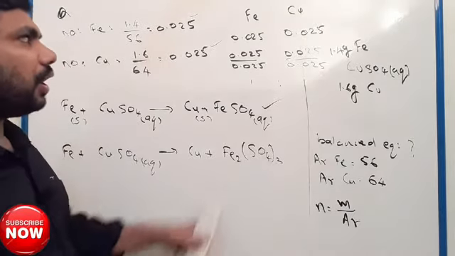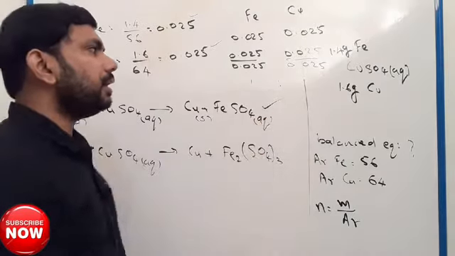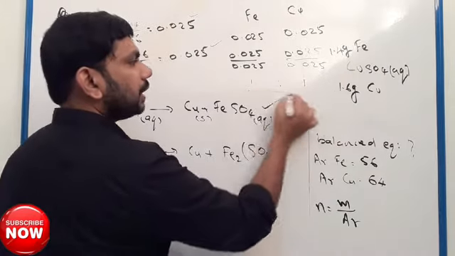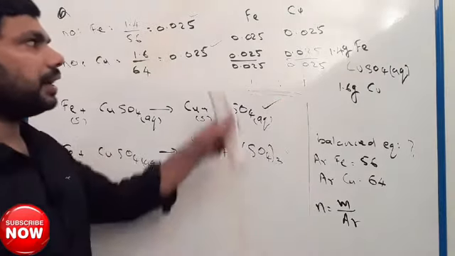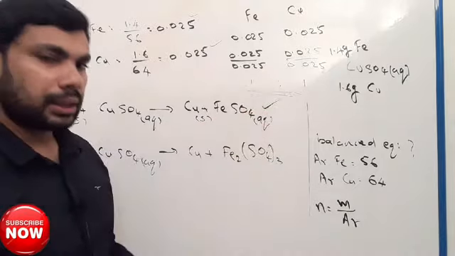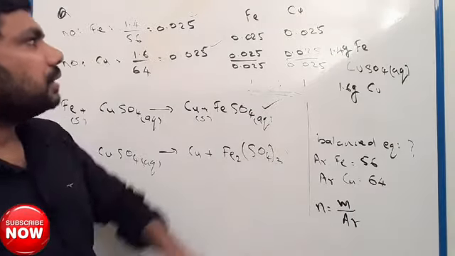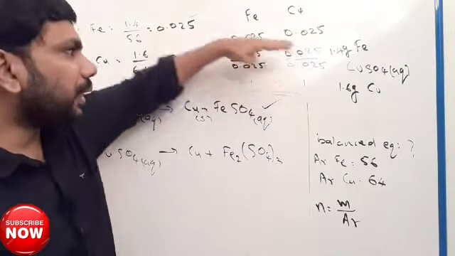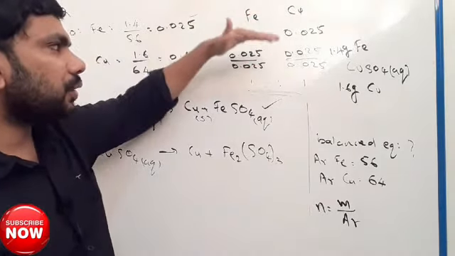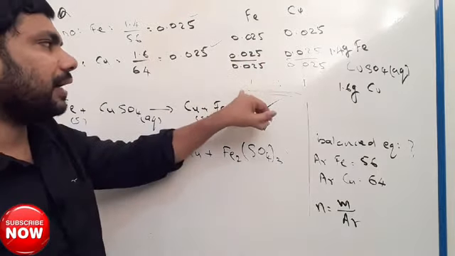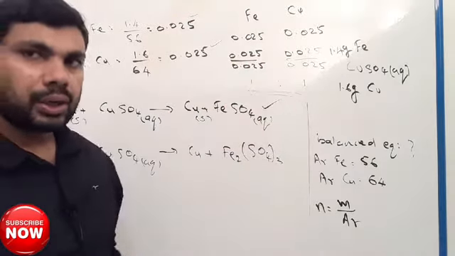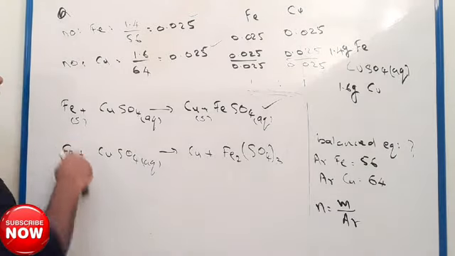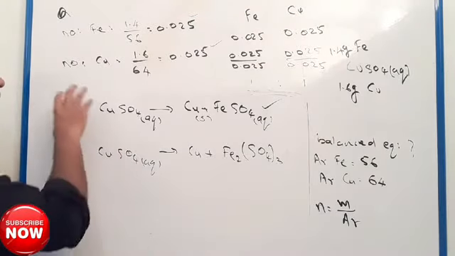So the ratio of iron and copper is 1:1. Here we found the number of moles of iron and copper is the same number, so we can divide and find the ratio 1:1. Okay, so look here, this is the equation.